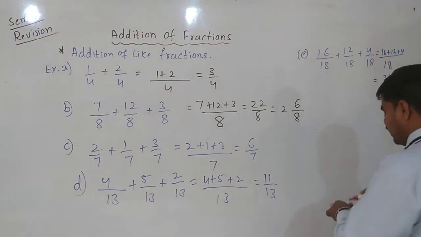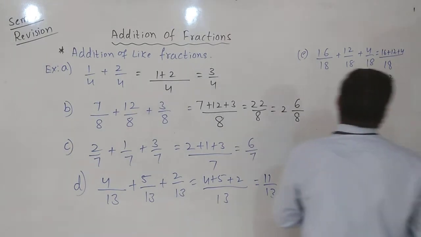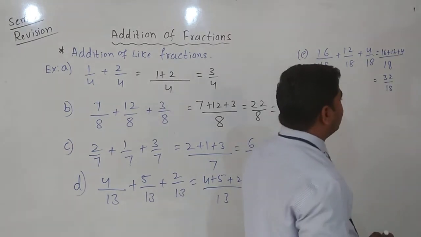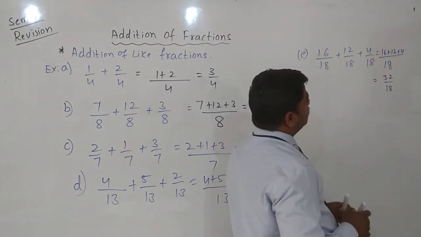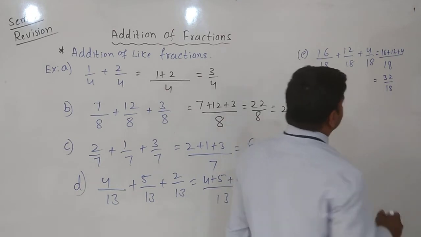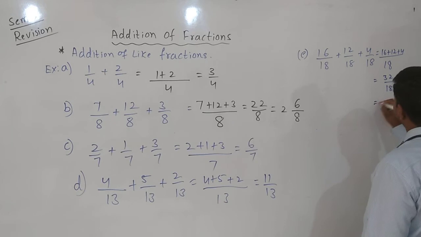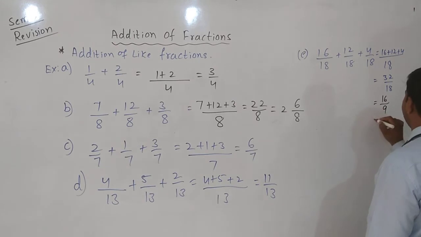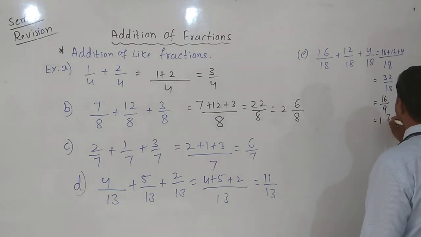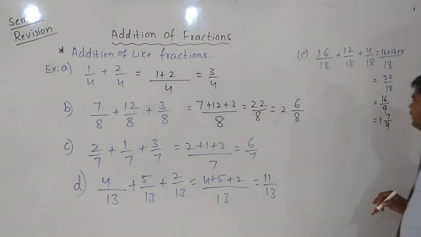Then we can reduce to its lowest term. Divide both by 2, 2 16s are 32 and 2 9s are 18. Again, 9 1s are 9, 7 by 9. The answer is 7 by 9.